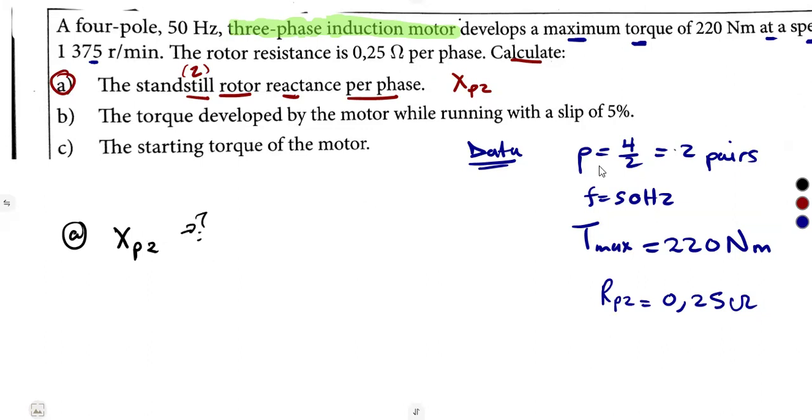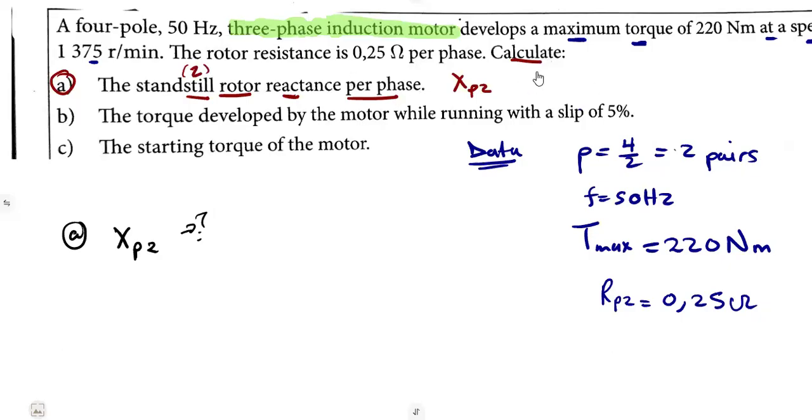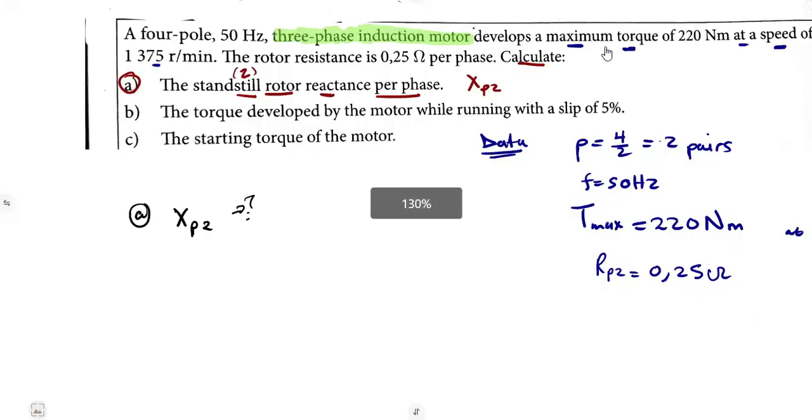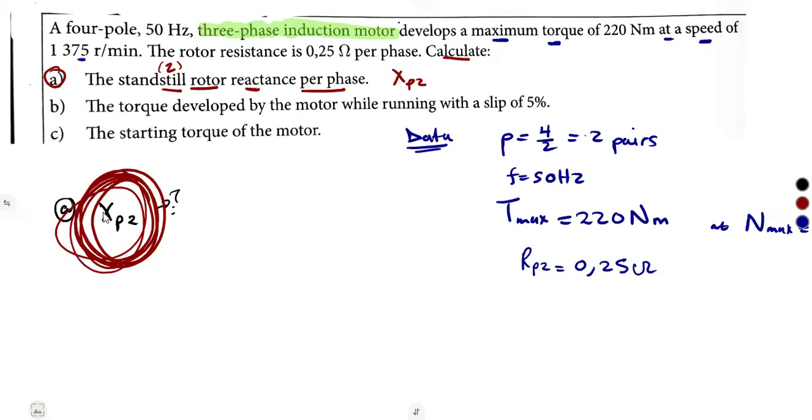So guys, as we consider all the formulas that we had, we are not going to focus on those. We are going to focus on the formulas for maximum torque. Why? Because we are given these conditions, whatever we are having there gave us a maximum torque. So we are supposed to ask ourselves, is there a relationship at maximum torque that involves that reactance?